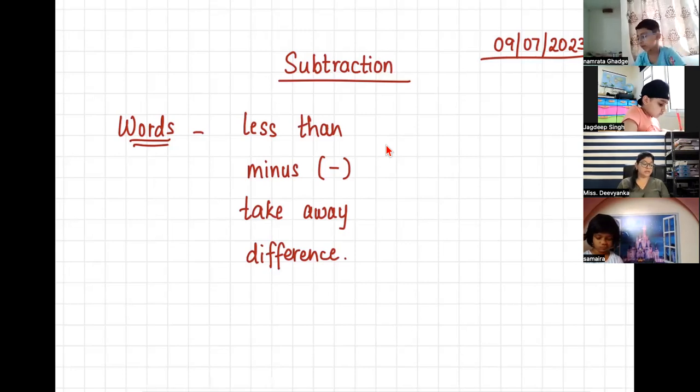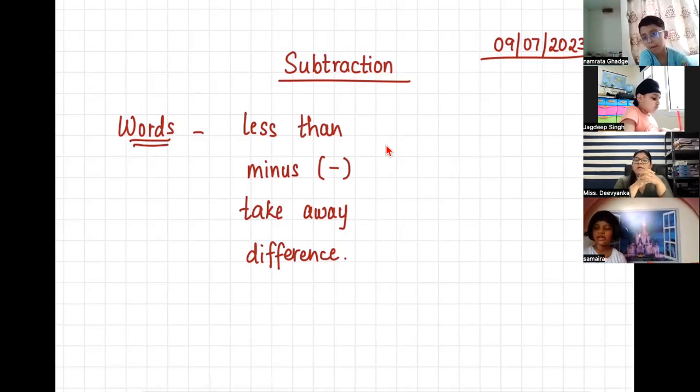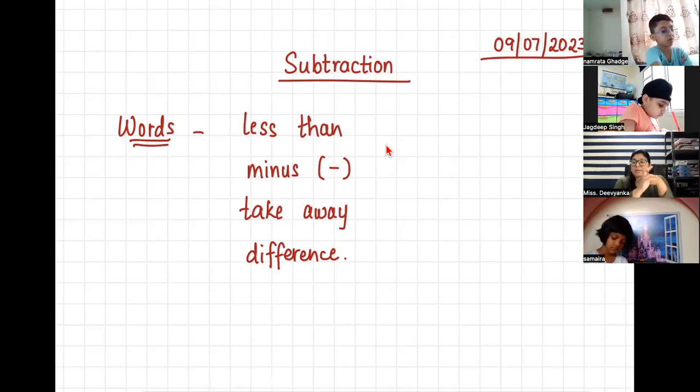Now, while you're writing, just listen to what I'm saying. Subtraction can be done in many different ways, similarly like addition. It can be done in vertical method, so you arrange them vertically and do a subtraction. It can be done using a number line.